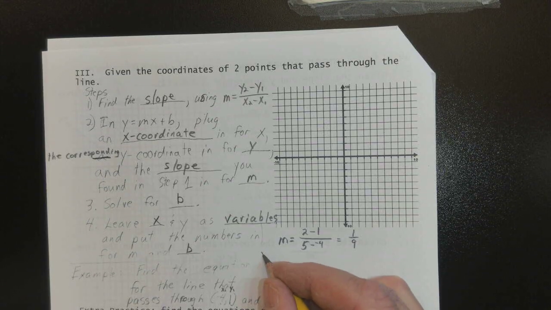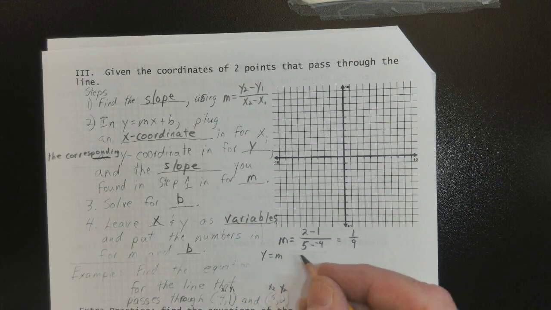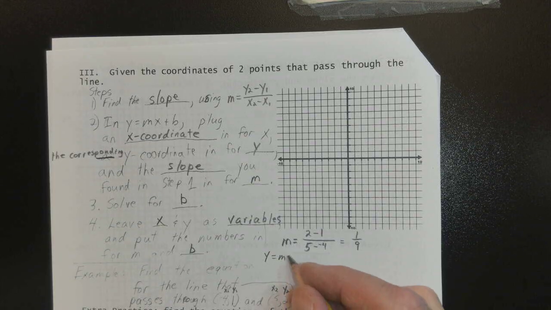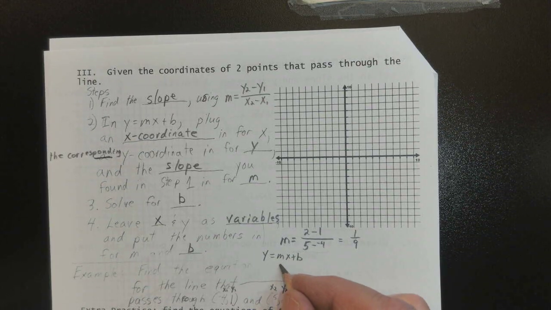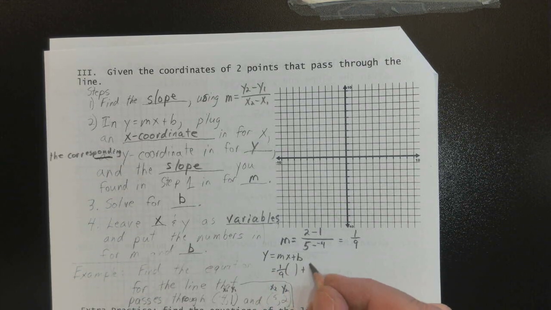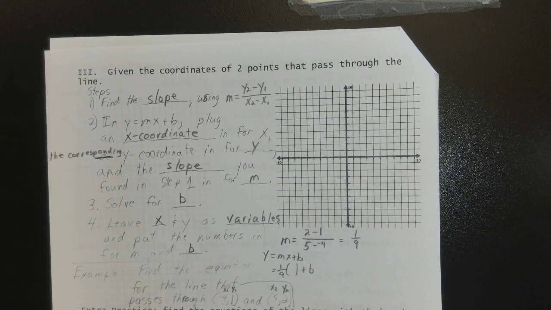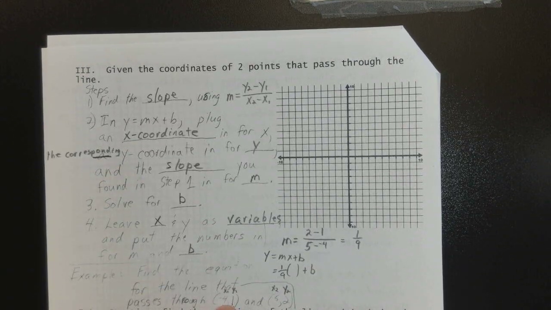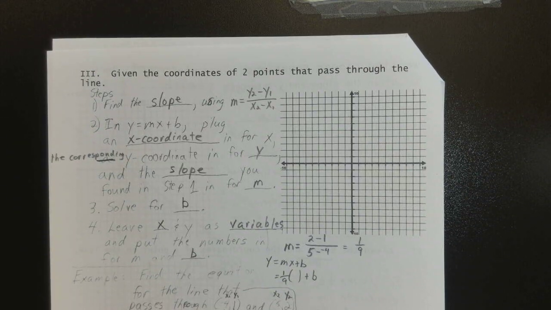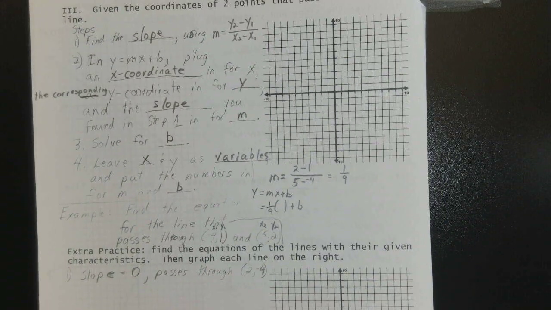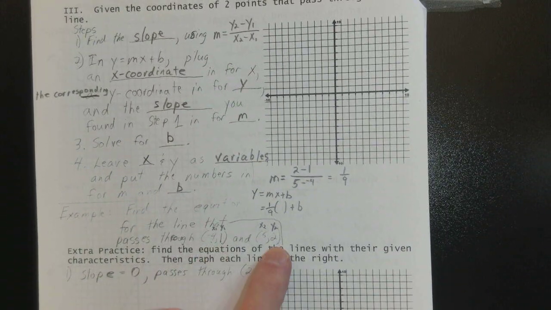Okay. So y equals mx plus b. M is 1/9. Now my question is, what do you want to use? And you've got a choice for x and y. We got to decide which ordered pair we're going to use.